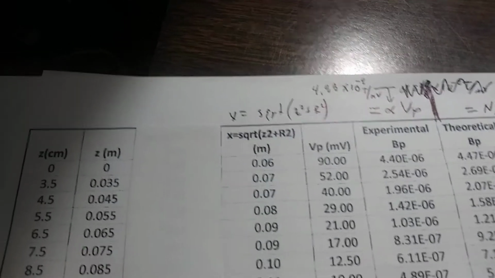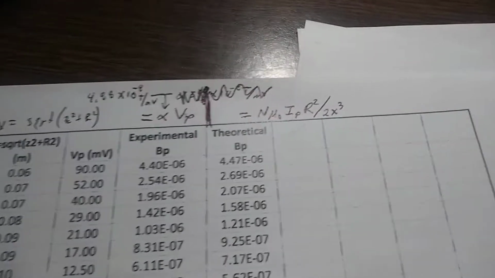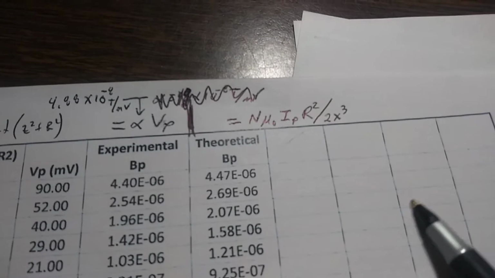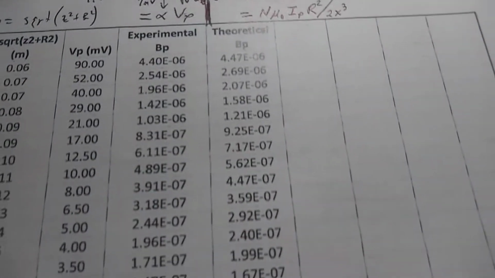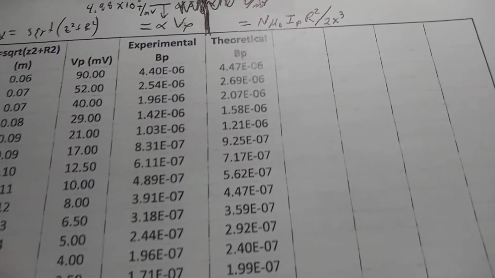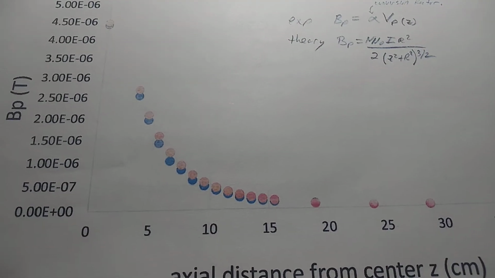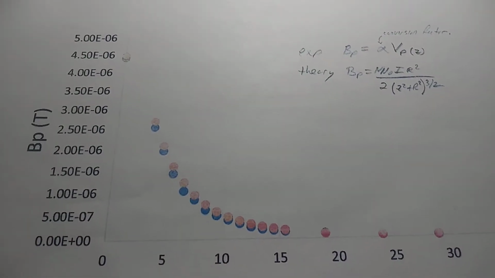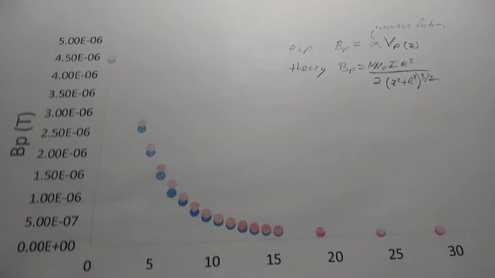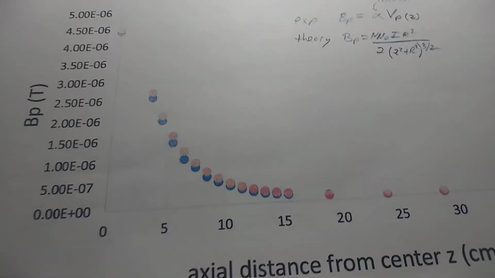Now you're just going to plot the theoretical function there, and you can see our numbers are fairly close together as it is. Then you're going to make a graph. Here's what your graph should look like. The blue dots are the experimental, and the red dots are the theoretical, so you're going to plot two graphs on there.